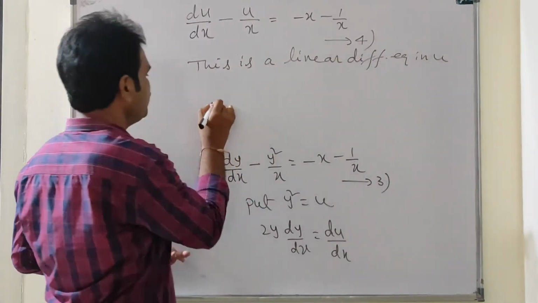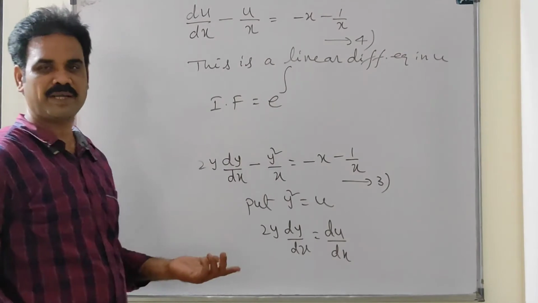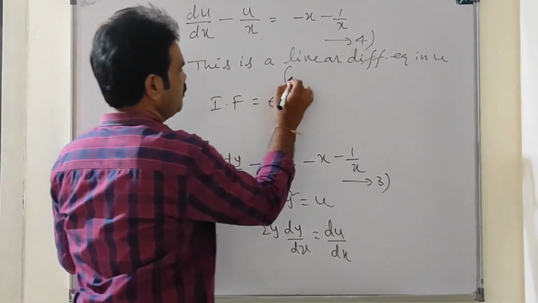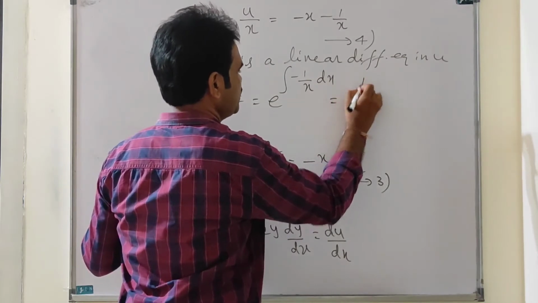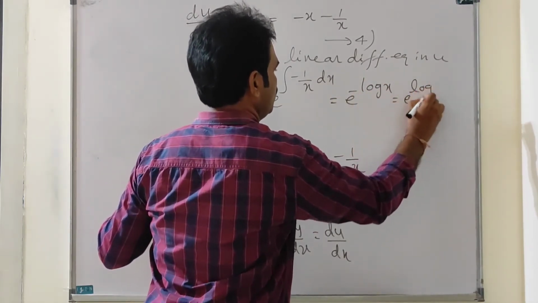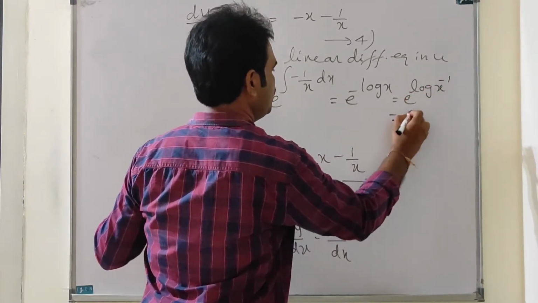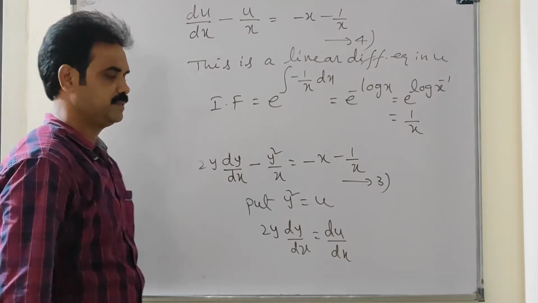The integrating factor is e power integral P of x dx. P of x is minus 1 by x, so e power minus integral 1 by x dx is e power minus log x, which is e power log x inverse, that means 1 by x. The integrating factor is 1 by x.